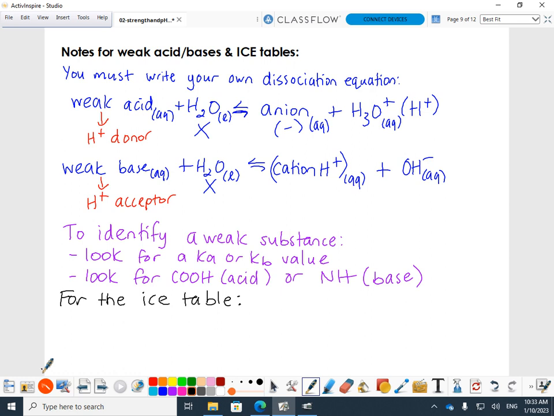Okay, so for the ice table, sort of similar to dissociation for the solid, we talked about this yesterday. You have the acid or the base and you put it in water. So initially, the concentration of the ions on the product side, both of them, is going to be 0.